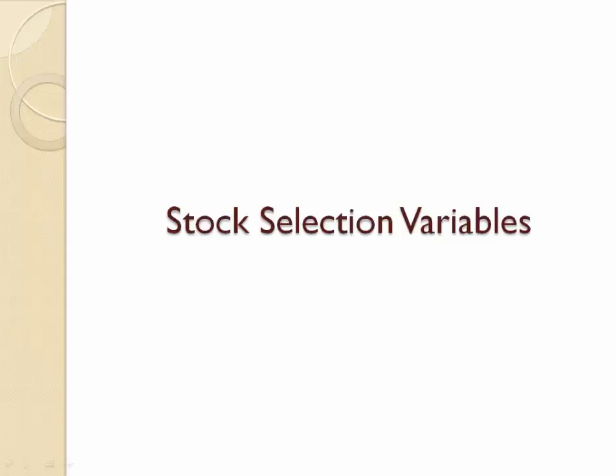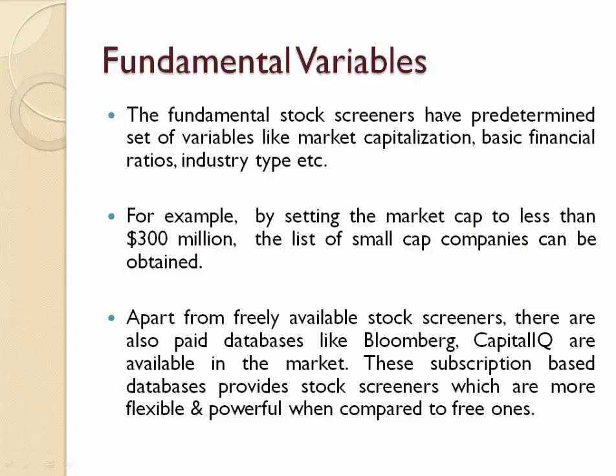Now we see a brief introduction to stock selection variables, both fundamental and technical. The fundamental stock screeners have a predetermined set of variables like market capitalization, basic financial ratios, industry ratios, industry type, etc. For example, say the investor wants to pick small cap companies from the stock exchange.